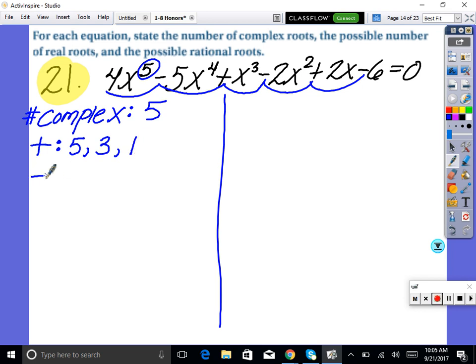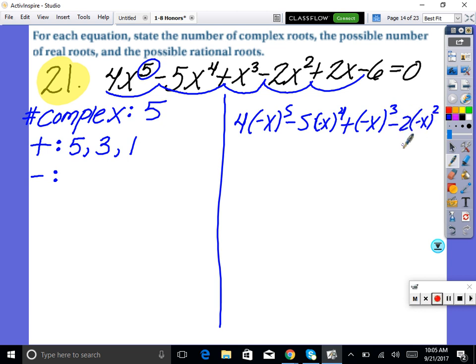Plug in a negative. Once again, I'm going to do my work over here because I like to have your answers nice and pretty. Plugging in negative x. Okay, so this became negative 4x to the 5th. Does everyone agree? Am I going too fast for everybody?